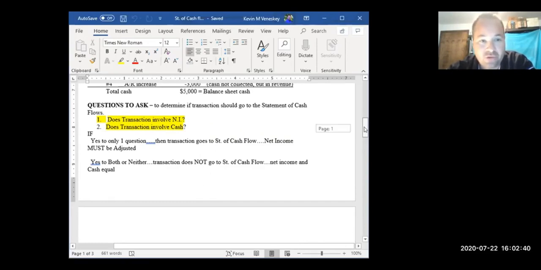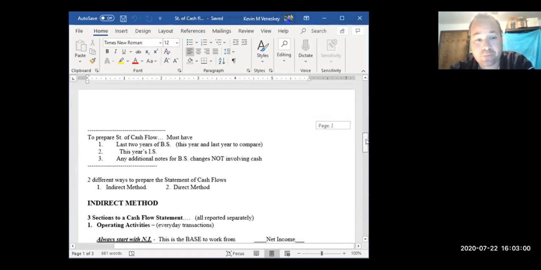And I'll try to explain more of how these two work as we get into a practice example in a little bit. But we'll keep these in mind. That's why I have them highlighted in yellow: this is how we're going to know if something goes to the statement of cash flows, by answering yes or no and then looking at our little answer key.